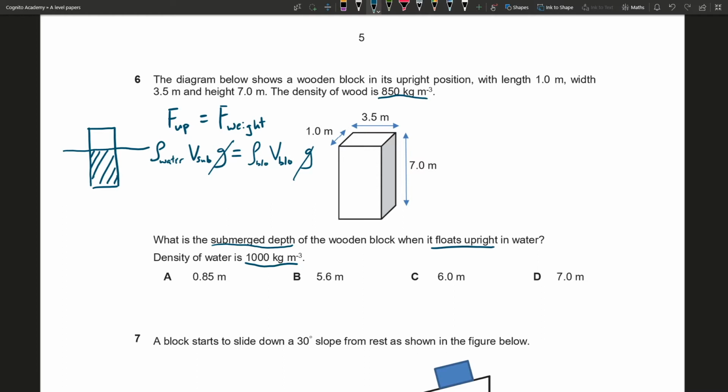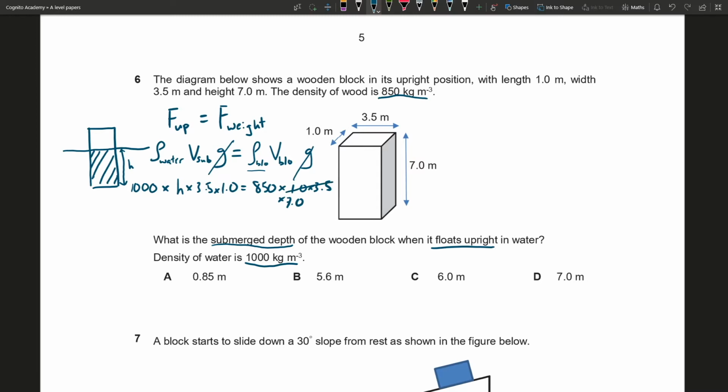So our density of the water is 1000 times the volume of our submerged part, which is H. Let's call this depth that we're trying to look for H, times 3.5 times 1.0. That's the volume of the submerged part of the block. That equals to 850, which is our density of the block, times the volume of the block, 1.0 times 3.5 times 7.